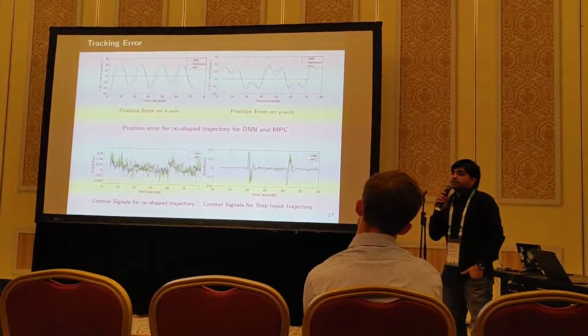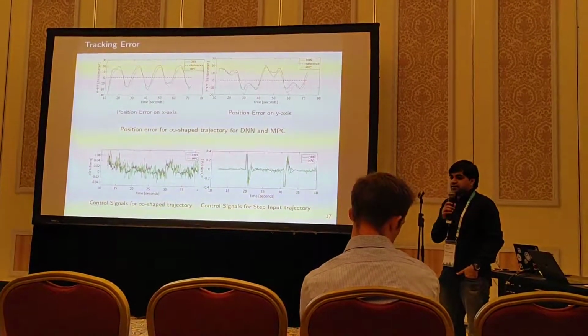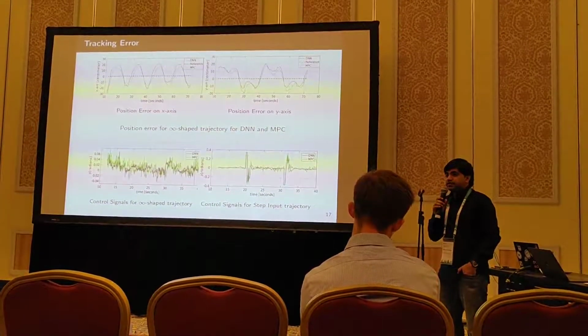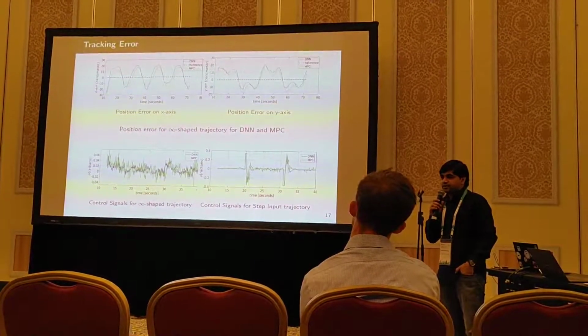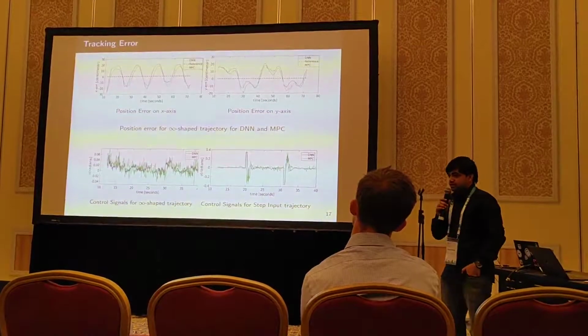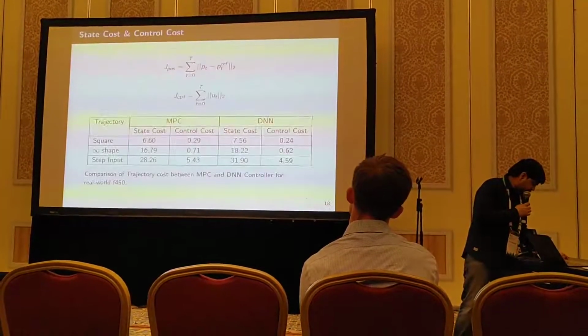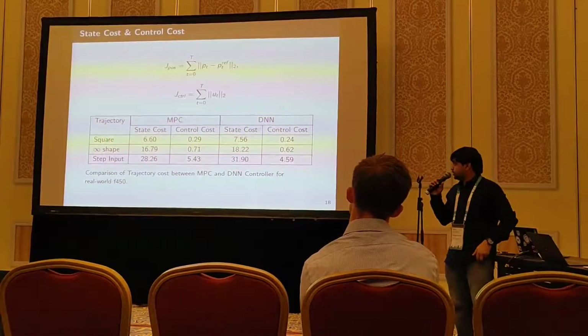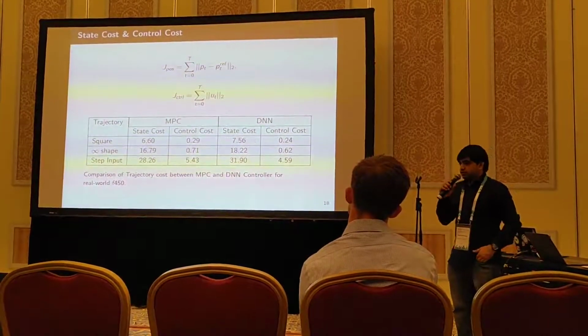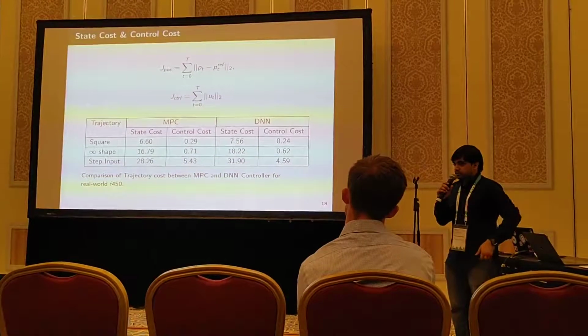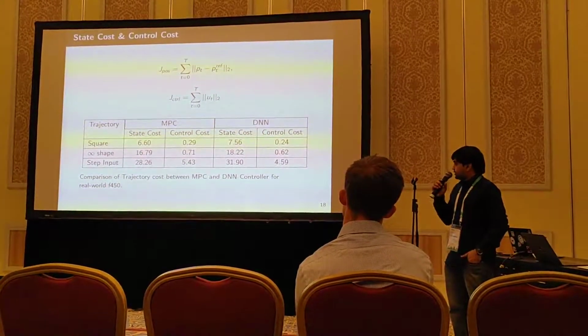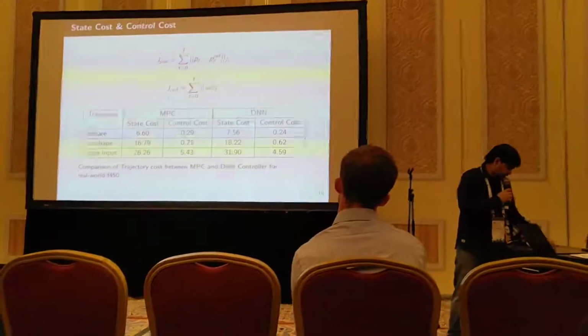The tracking is not better than MPC. DNN is closer to MPC, but it's not better than MPC. But if you look at the control cost, the way we calculate it is the L2 norm of the controls. So that's lower because of this.